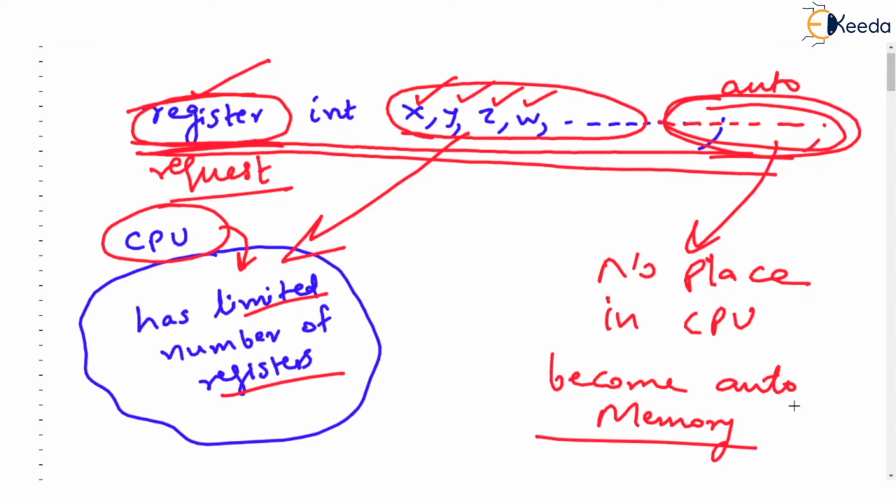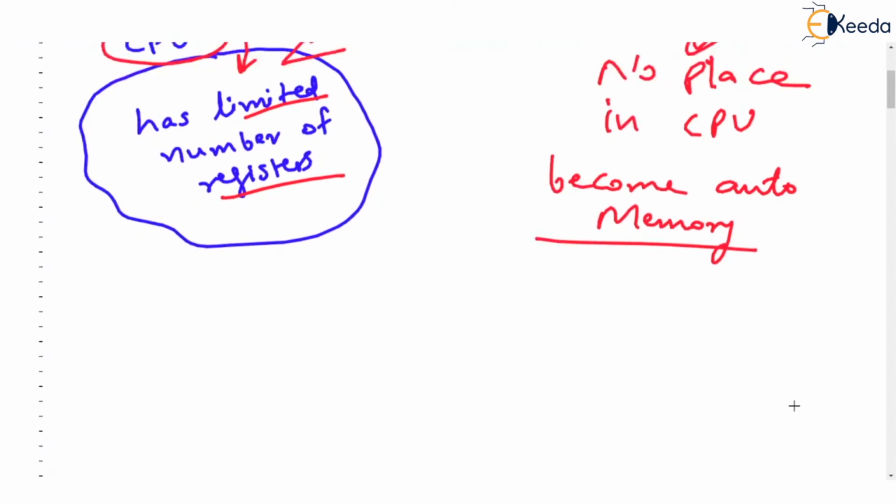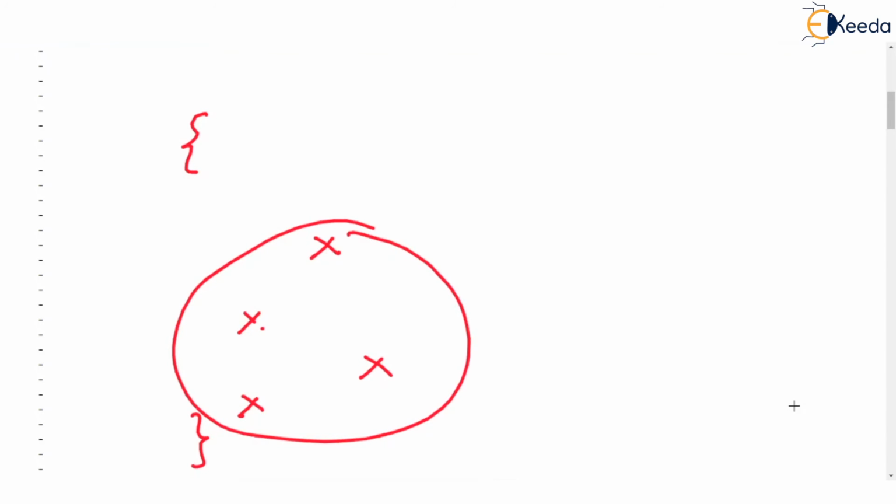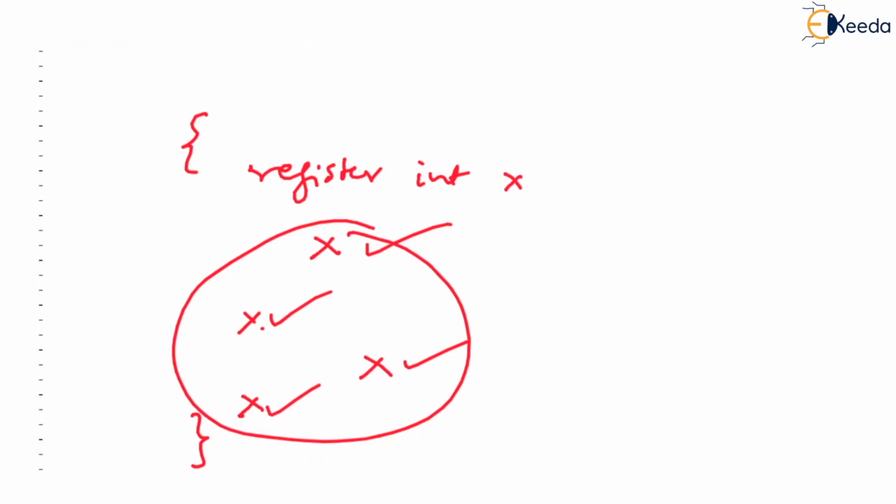So after learning all this, as a programmer, we will not get carried away. Within our program, if we know that a variable X is used at many places, or rather X is a frequently used variable, then it is a good idea to make X a register variable.